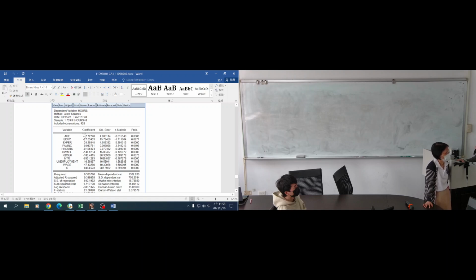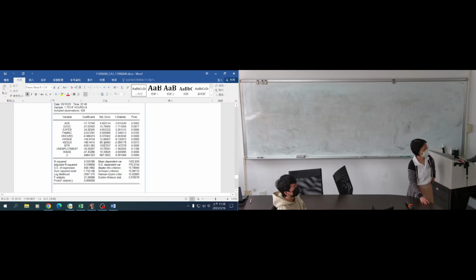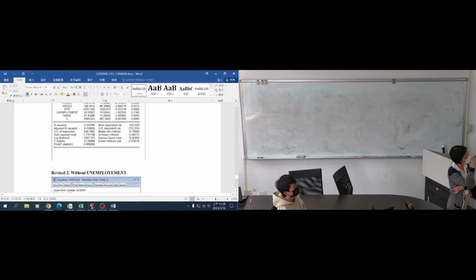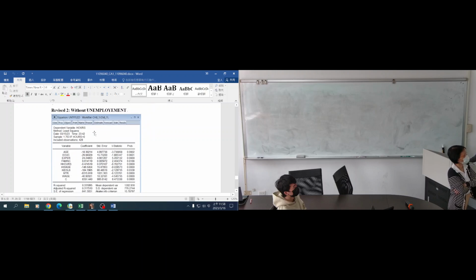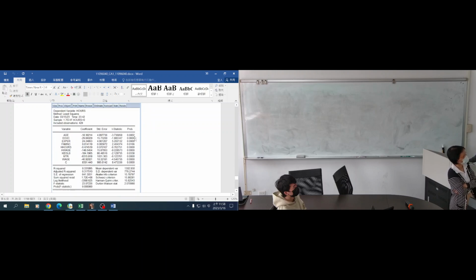And I got this result if I drop these 5 variables. But as we see, the education and unemployment rate are still quite insignificant, so I'm trying to revise with unemployment again, and it turned out like that.